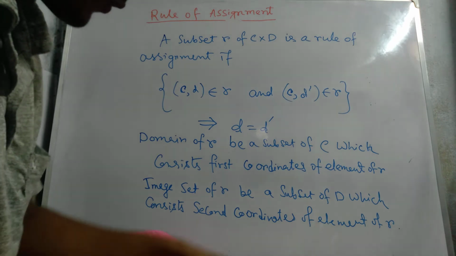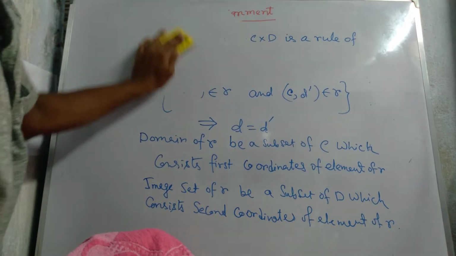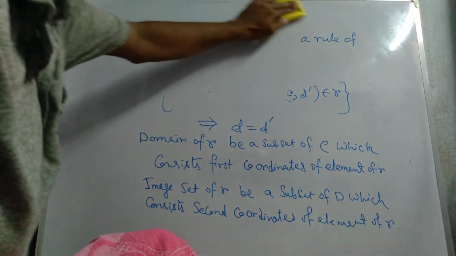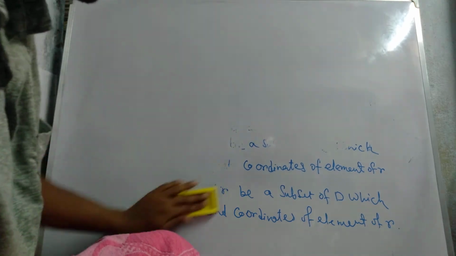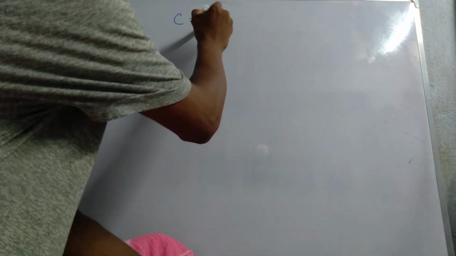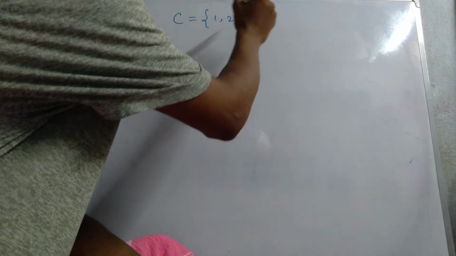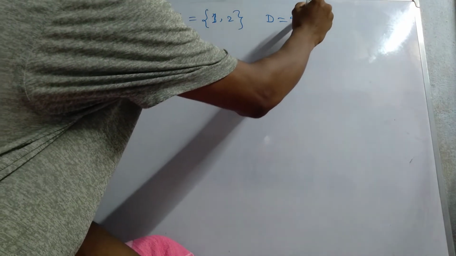Next we proceed further to the definition of function. That means we understand the rule of assignment and also take some examples. Which example? Simply we write C equal to {1, 2} and D equal to {4, 5}.